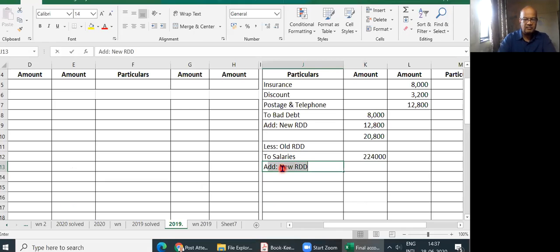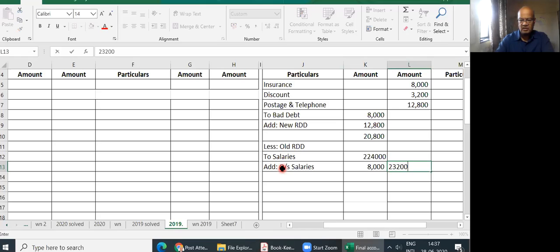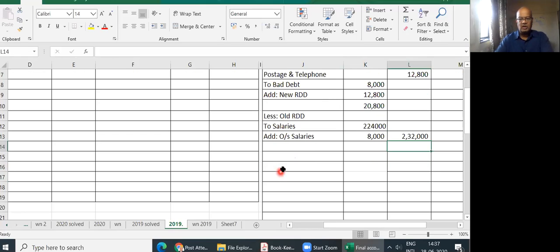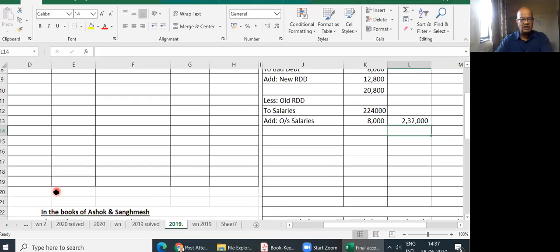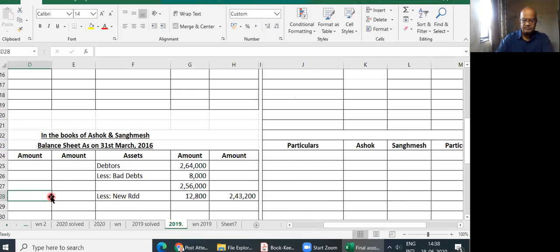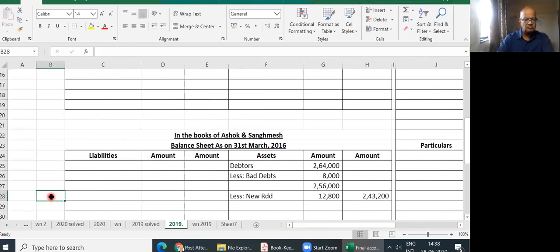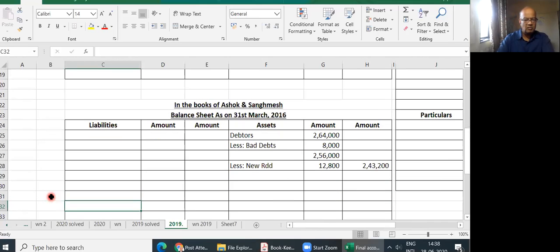Add outstanding salaries 8,000, it is 2,30,000. Now the second effect will be on the liability side: outstanding salaries 8,000.